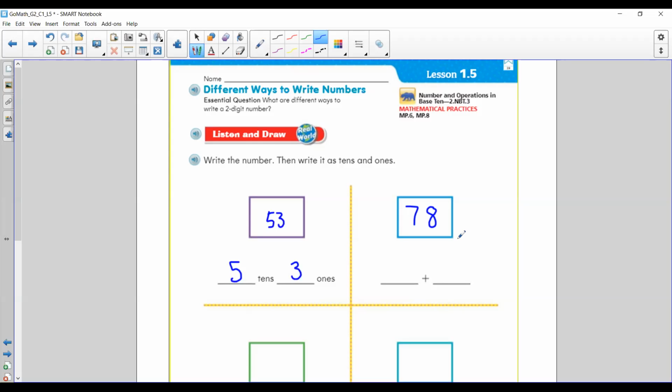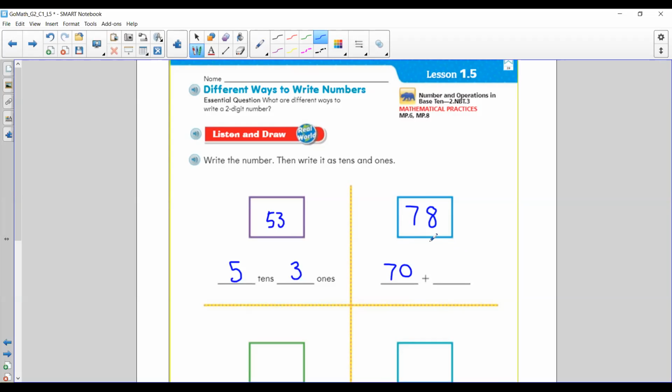Do you see that plus sign right in the middle, boys and girls? Well, that plus sign means that we have to show the value of 7 tens and the value of 8 ones. So 7 tens, we have to count by tens 7 times. 10, 20, 30, 40, 50, 60, and 70.